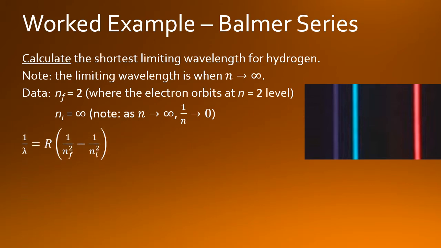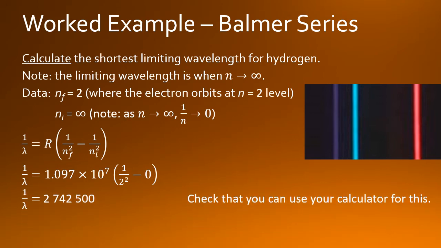So here's our formula. And we can simply substitute. So the Rydberg constant times, in brackets, 1 on 2 squared, and instead of 1 on ni squared, that whole fraction becomes 0. And that's nice and simple. We can find out what 1 on lambda is and then flip it over and find the answer is 365 nanometers to 3 significant figures, which is ultraviolet.